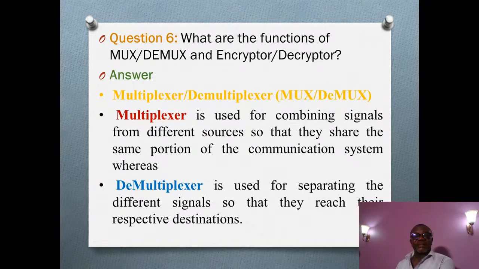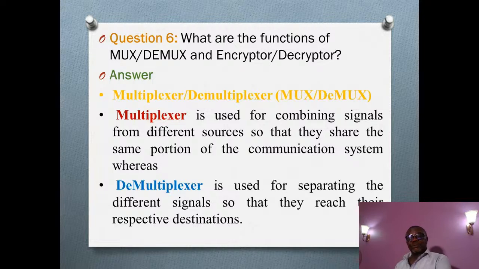The multiplexer is used for combining signals from different sources so that they can share the same portion of the communication system, whereas the demultiplexer is used for separating the different signals so that they reach their respective destinations.